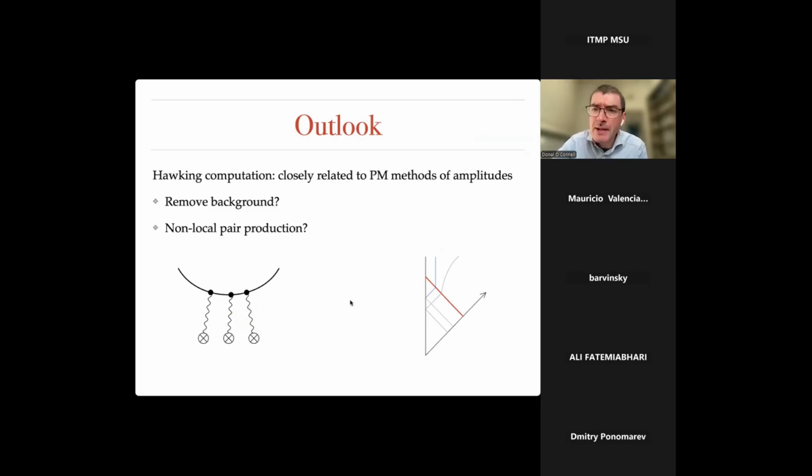There's another aspect which I think is tantalizing, but which I would like to understand better. And this was something I was looking at in the past, but wasn't able to push through. It seems clear from this story that the Hawking particles are produced in a kind of non-local way. So what I mean by that is, there's essentially this crossing, this process here where you're crossing a particle that bends gently along a time-like geodesic.